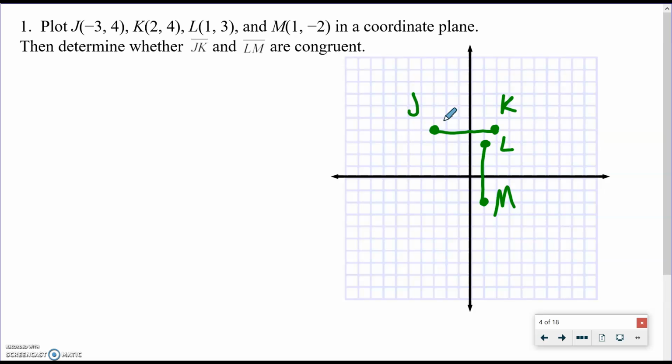So I can look here and count the spaces, 1, 2, 3, 4, 5, and then 1, 2, 3, 4, 5. And remember, we count spaces, not lines. And we see that JK and LM are the exact same length, and they're both line segments, so they are congruent. So we would write the statement that segment JK is congruent to segment LM.